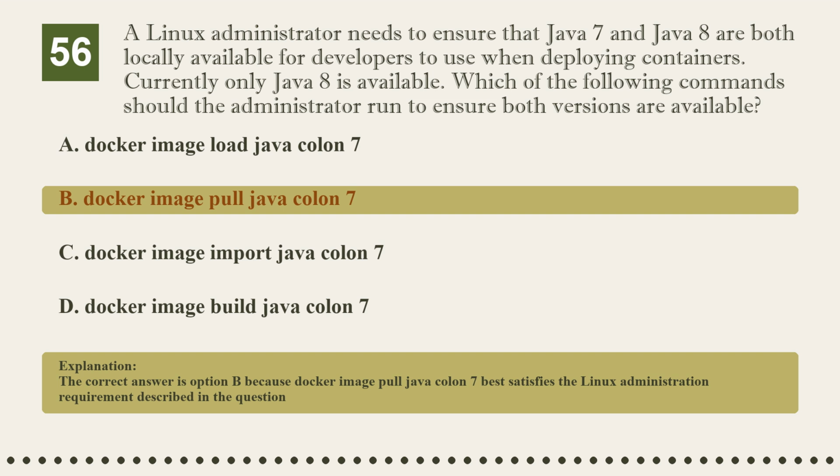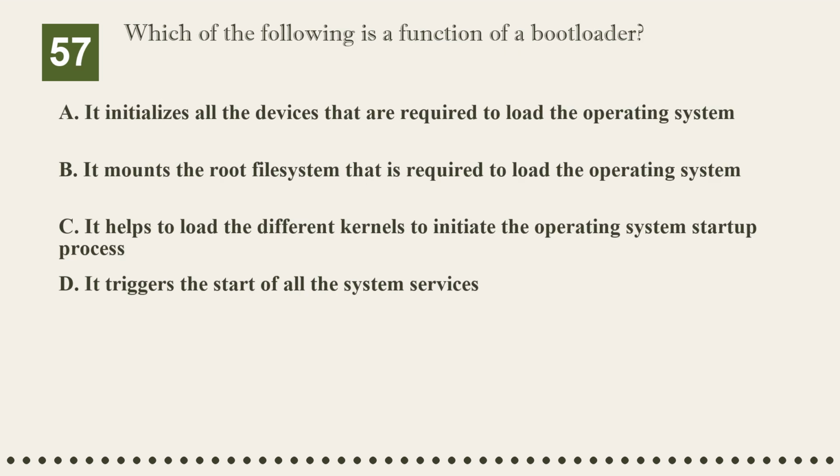Question 57. Which of the following is a function of a bootloader? Option A. It initializes all the devices that are required to load the operating system. Option B. It mounts the root file system that is required to load the operating system. Option C. It helps to load the different kernels to initiate the operating system startup process.